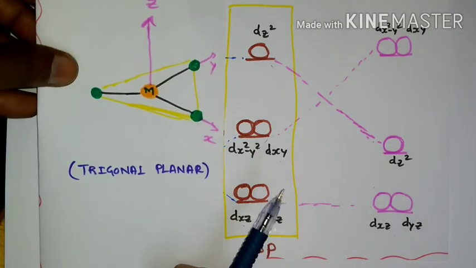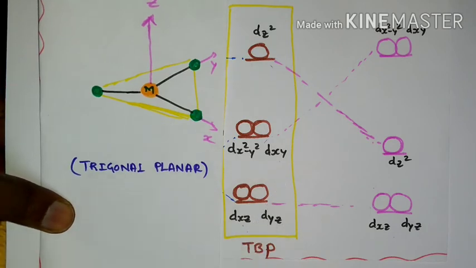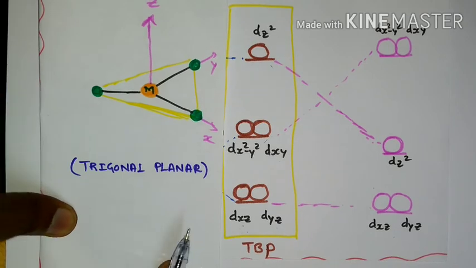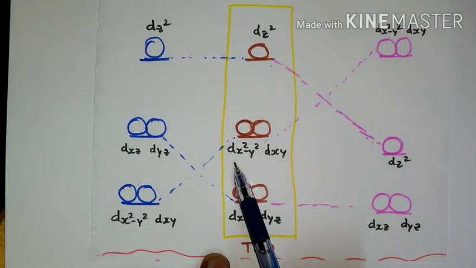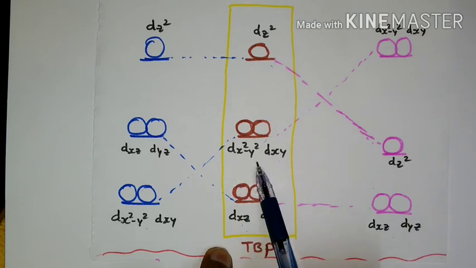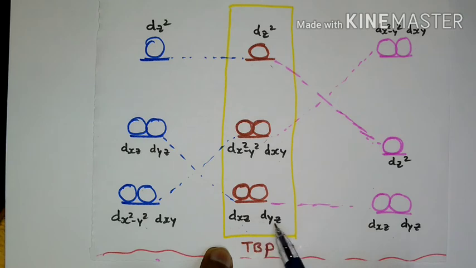Next, by keeping the trigonal bipyramidal d orbital splitting as reference point, trigonal planar geometry d orbital splitting can be arrived at. That is, in the previous case, we lowered the energy of dx square minus y square and dxy, and increased the energy of dxz, dyz.